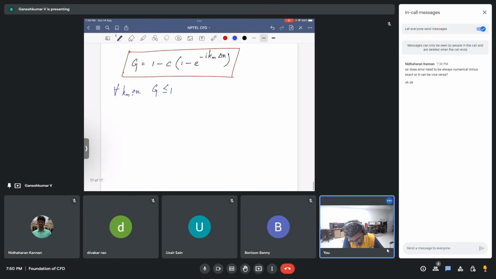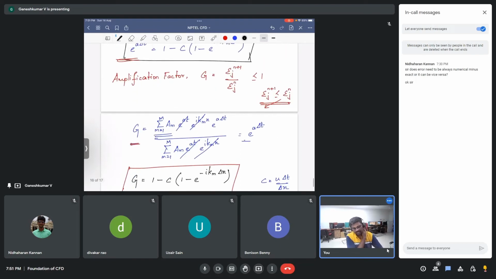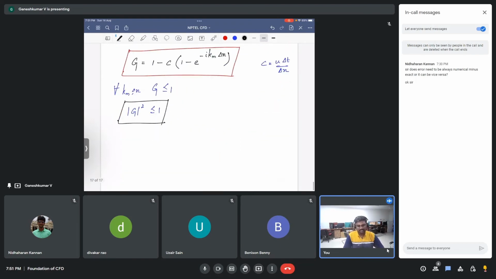It depends on Δx and also on Δt, because c is nothing but uΔt/Δx, so it depends on c. One way to make sure is that modulus of g squared should be less than or equal to 1. Both conditions are the same, because even if g is negative, its modulus is still less than or equal to 1.